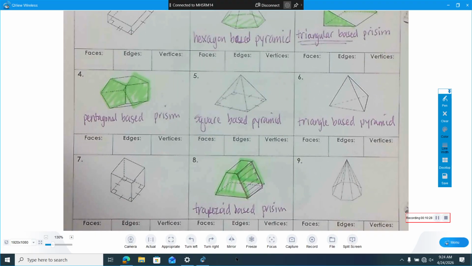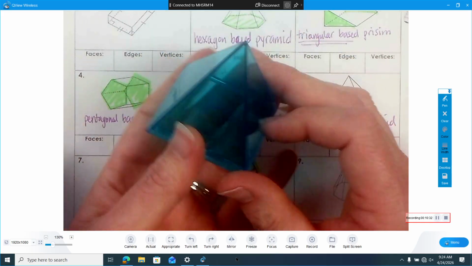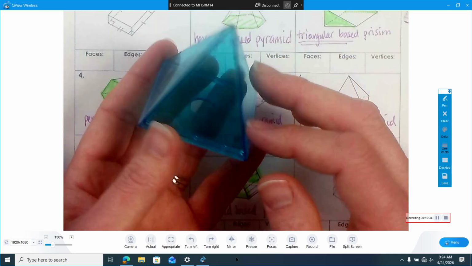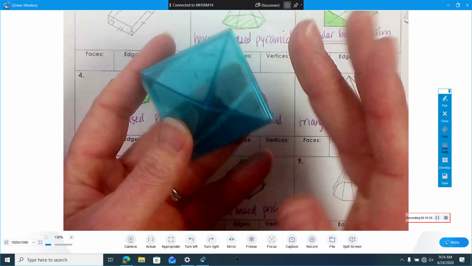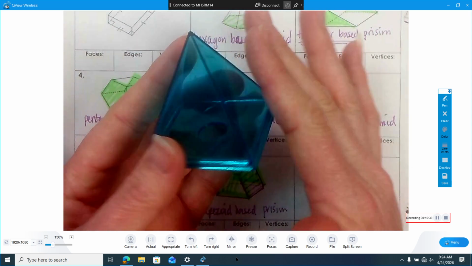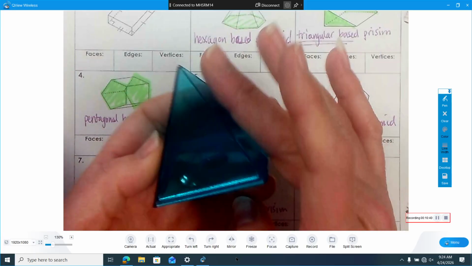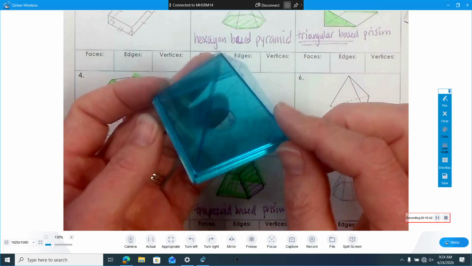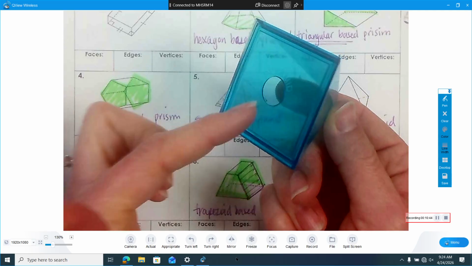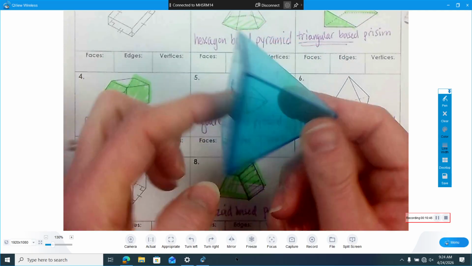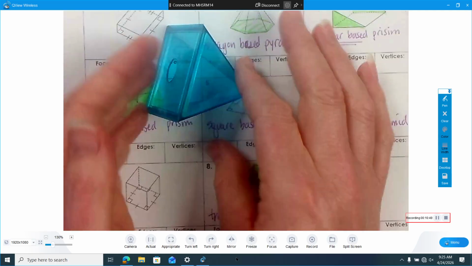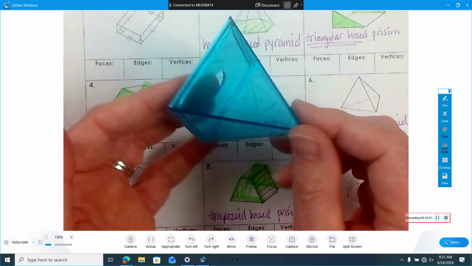Now, when we have these three-dimensional shapes, we have, again, more vocabulary. All of the sides are called faces. And so this is a square-based pyramid. How many faces does it have? 5 faces.